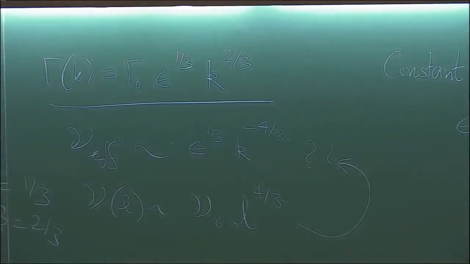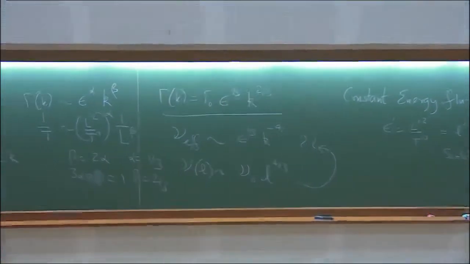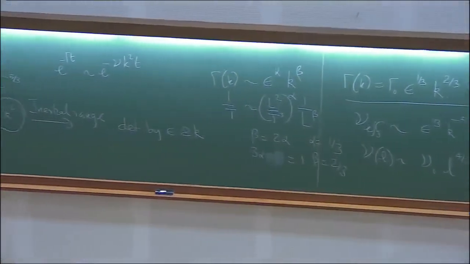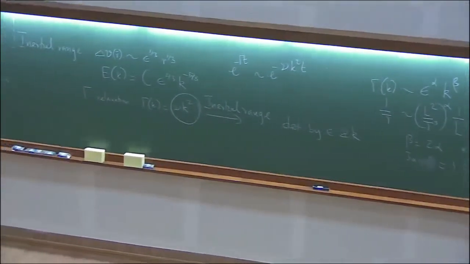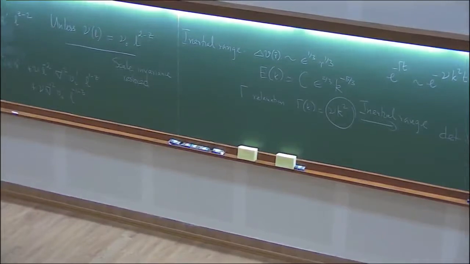Scale invariant solutions, along with the statement that the energy flux is independent of scale, tell you that there are solutions over here, the delta V. That it is r to the power 1/3 is obvious because V scales as L to the power 1 minus z, z is equal to 2/3, so V scales as L to the power 1/3, so that's the r to the power 1/3 over here.